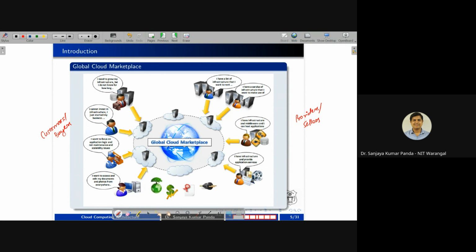The customer has some specific requirement. I have some requirement in my mind. You have some requirement in your mind, right? Which you need to fulfill, right? Whether you go for your own infrastructure, or you can depend upon the cloud infrastructure to fulfill it, right? For example, you want to start a startup company.